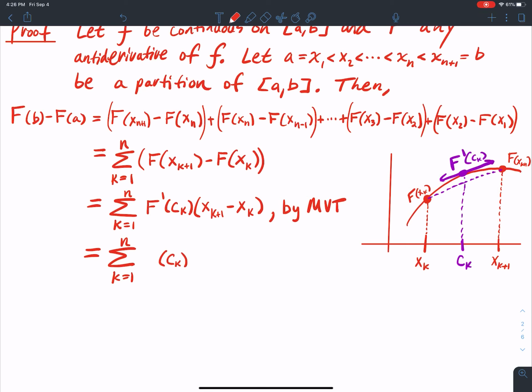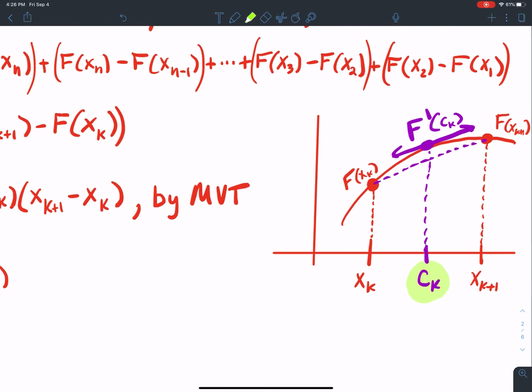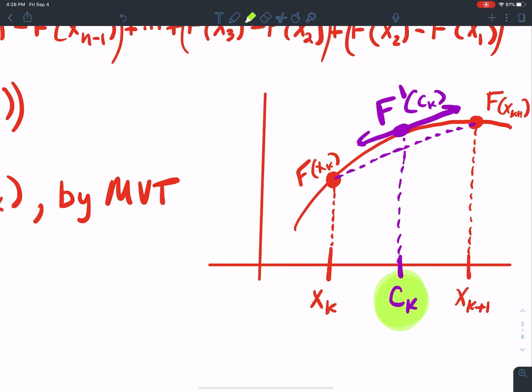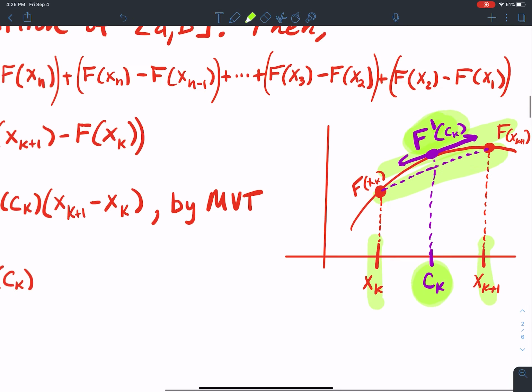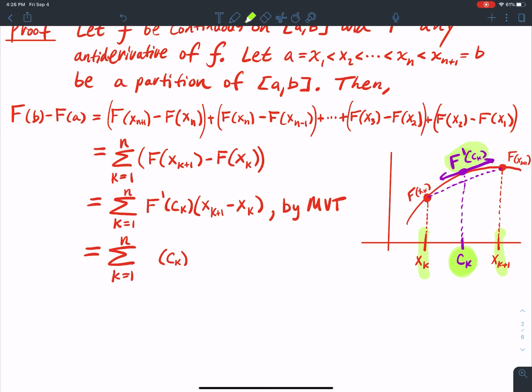So there's some ck that exists, and that's what the mean value theorem guarantees. There's some ck between xk and xk plus 1, such that when I evaluate the derivative of the antiderivative at that value, it has the same slope as the secant line slope.